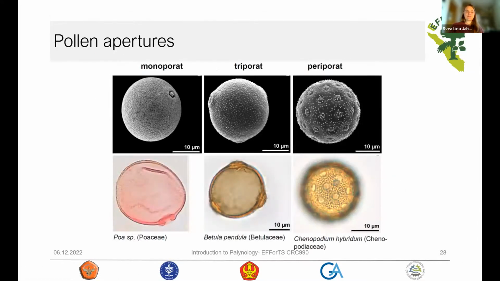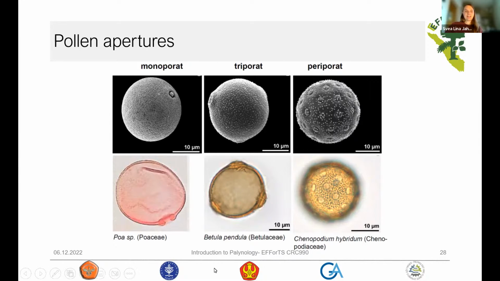I just took the liberty to put some examples in here. Again, the comparison between the electron microscope and the compound microscope. So you can see again how acetolysis works that way. So this is again always the same pollen, at least the same pollen type, just from different scanning methods.